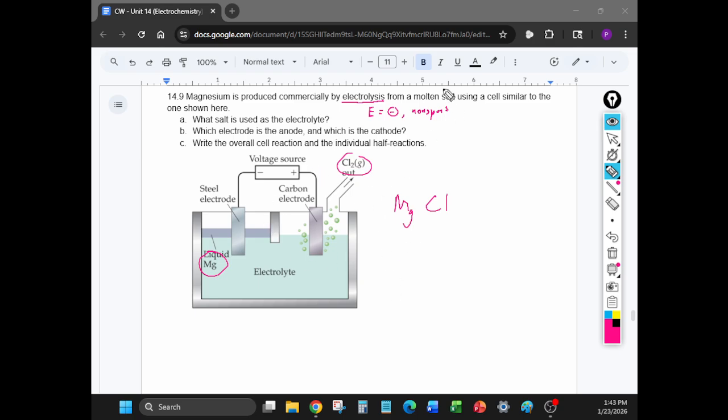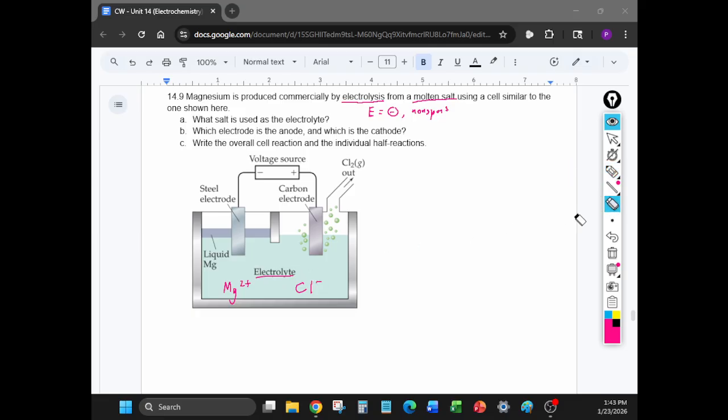Now, if you look right here, it tells you that it's formed from a molten salt, and it tells you that you have electrolytes here. Electrolytes are ions, so you should automatically identify that there is going to be Mg2+ involved in here somewhere, and Cl-, because those are the electrolytes or ions associated with magnesium and chlorine. All right, that's actually going to help us answer part A, because part A is asking, what is the salt used as the electrolyte?